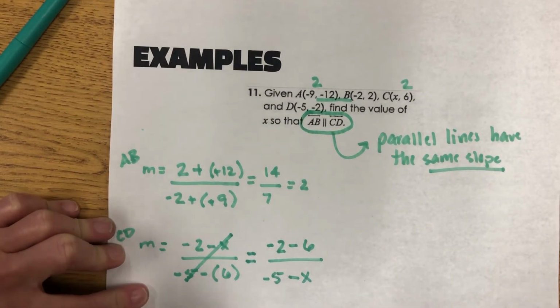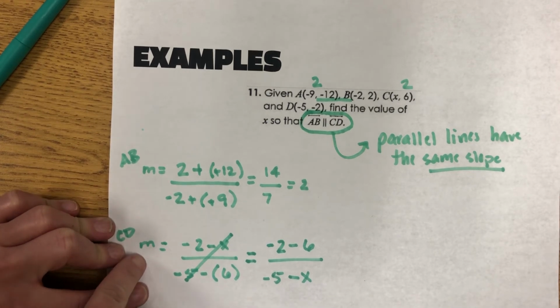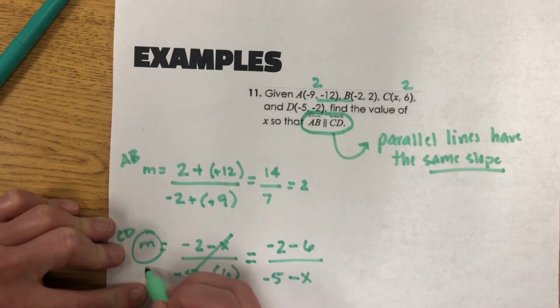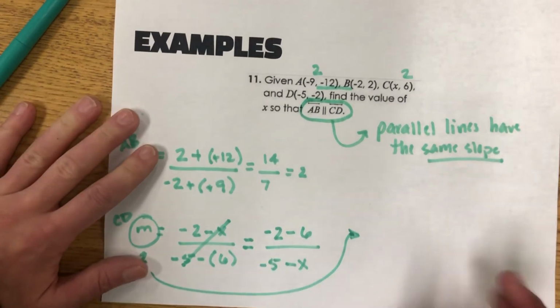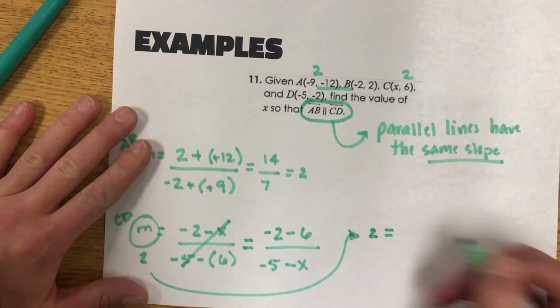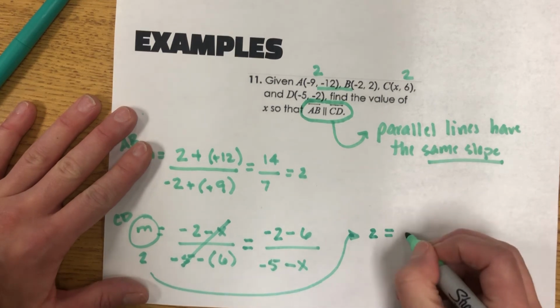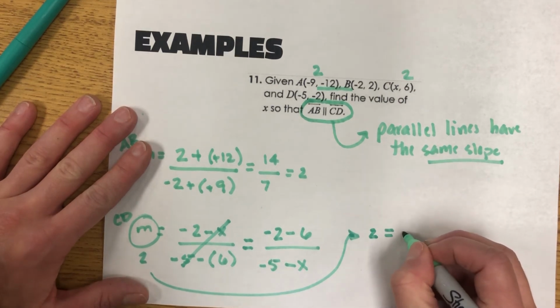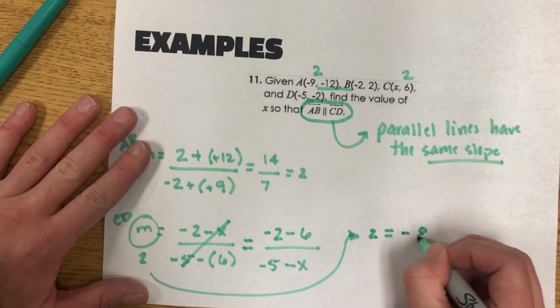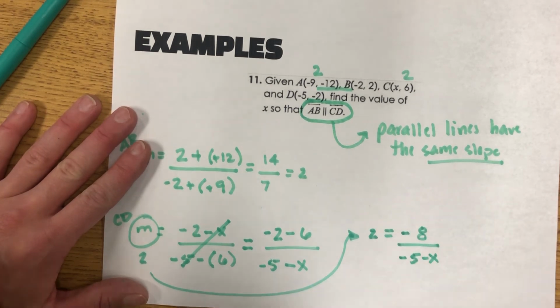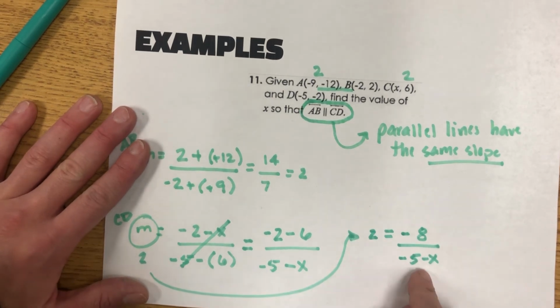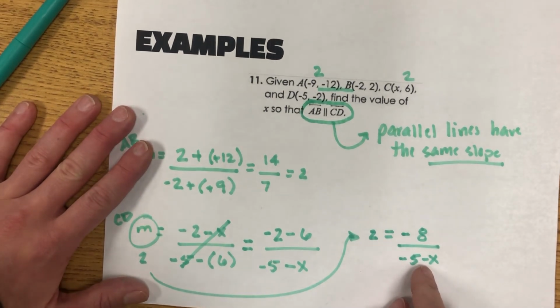All right, so now let's go ahead and simplify. Well, we know that the m is 2, so let's replace this with a 2. I'm just going to write it over here so we have more space. So 2 equals negative 2 minus 6, which is negative 8, over negative 5 minus x. Once we are solving for this, you are going to multiply both sides by the denominator, which is negative 5 minus x.